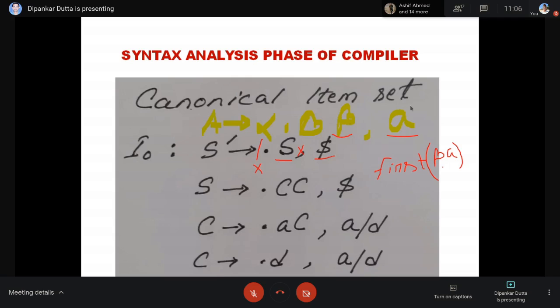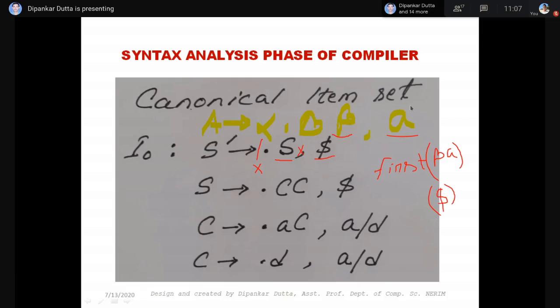Then what remains? First of null, and what is the A here? Dollar. Then first of dollar returns what? The dollar symbol.